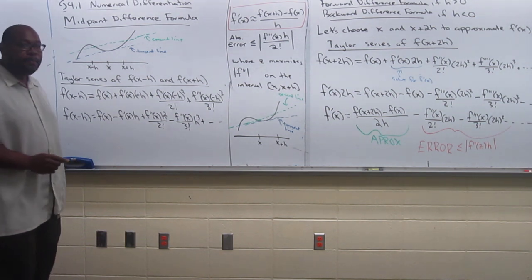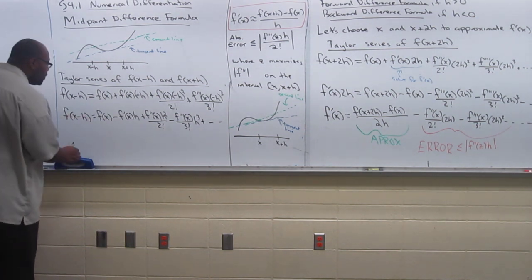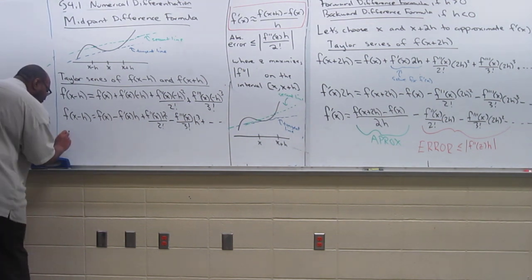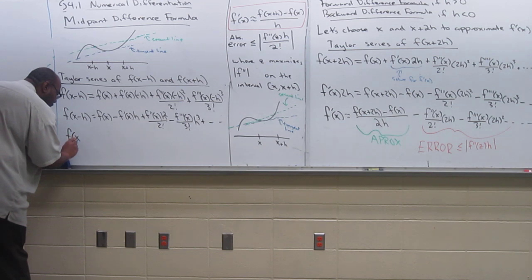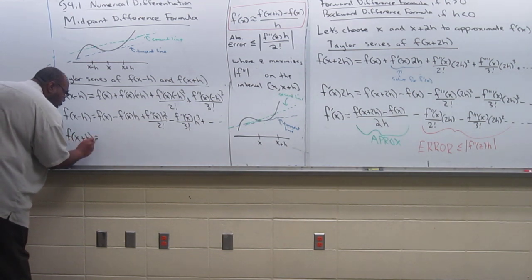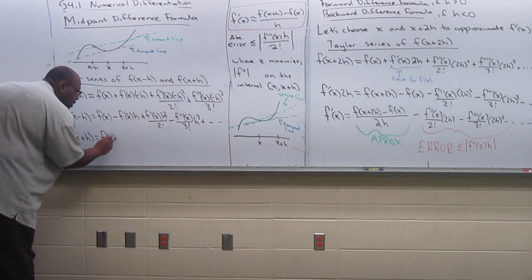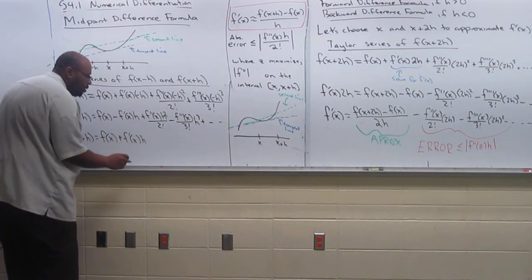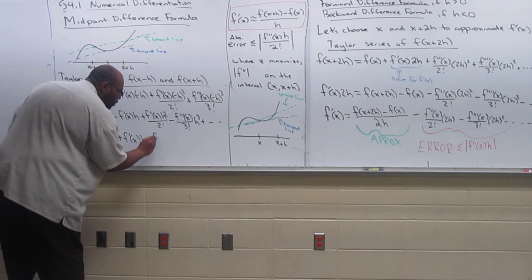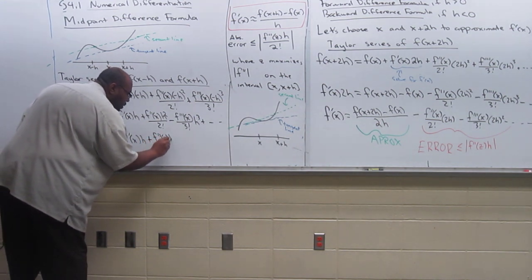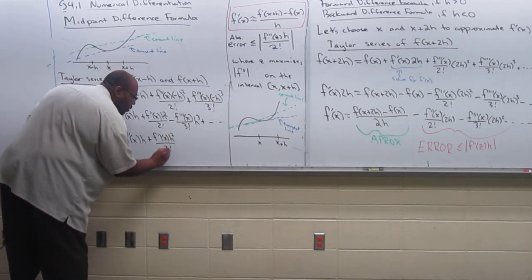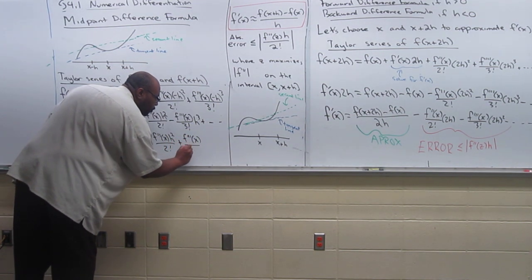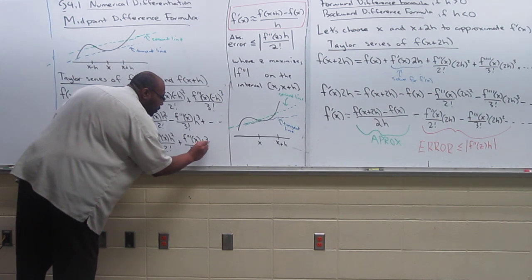The Taylor series for this guy, f of x plus h, is going to be equal to f of x, we've already seen this before, plus f prime of x times h plus f double prime of x times h squared divided by 2 factorial plus f triple prime of x over 3 factorial times h cubed.